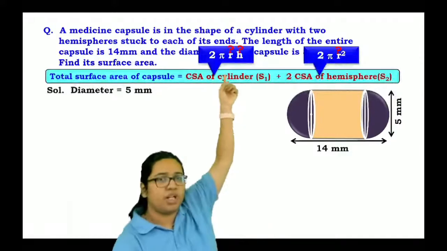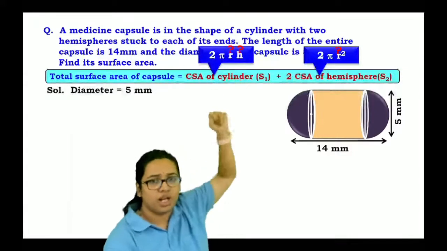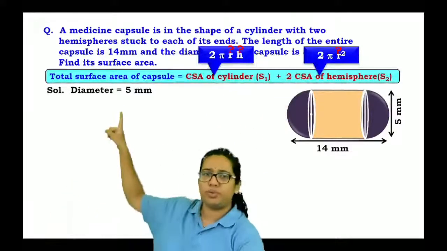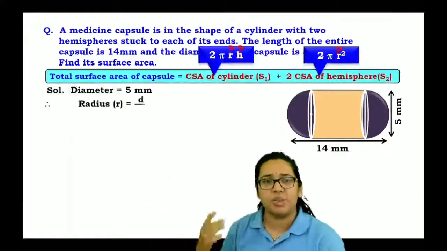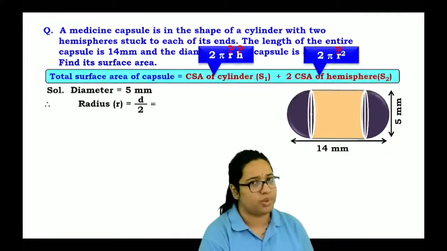But for this, we have to find the value of r. As D is equal to 5 millimeter, r will be half of it. Right?